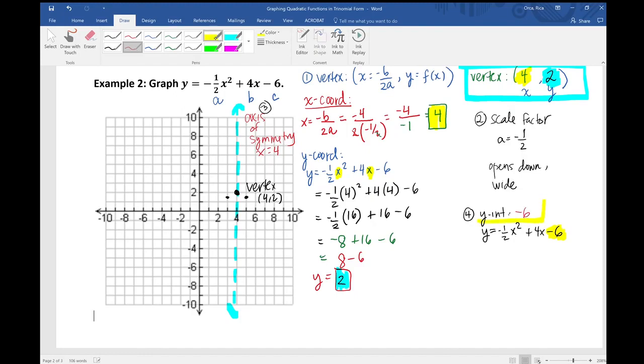Now we're going to plot our y-intercept on -6. And our y-intercept is 4 units away from the axis of symmetry, which means that its reflection will also be 4 units away at 8, -6. And now that we have all 5 points, let's draw our parabola.